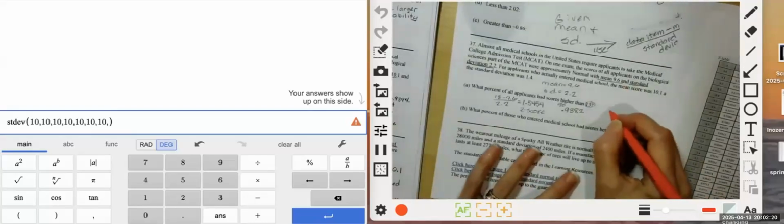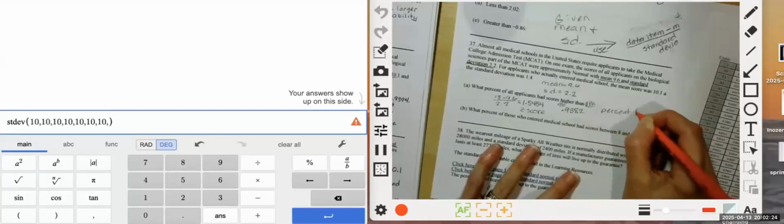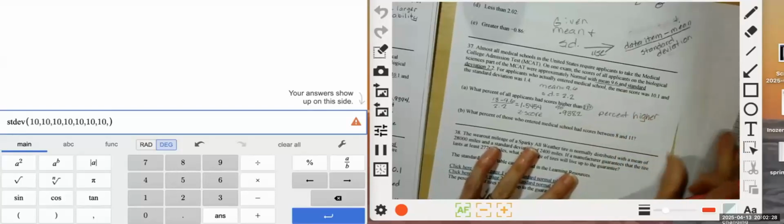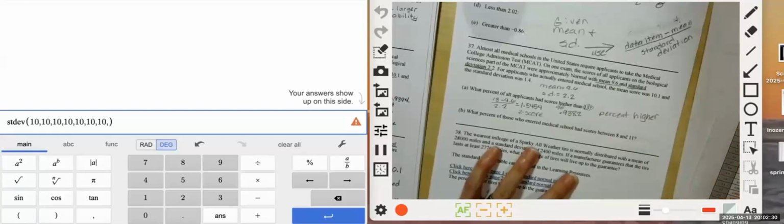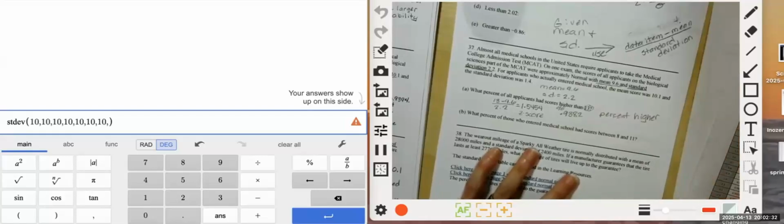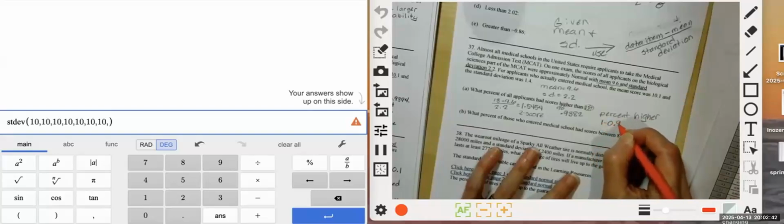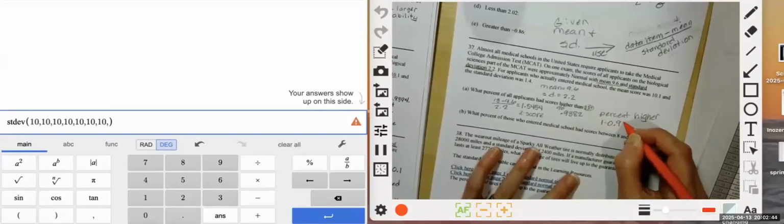If I want the percent that are higher, you guys tell me, what do I do? Does anyone know what we do if we want the percent higher? You're going to subtract it from 1, and then you'll get a decimal and times it by 100 to get the percent. Exactly.